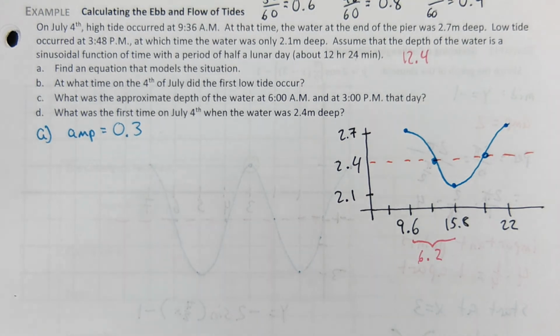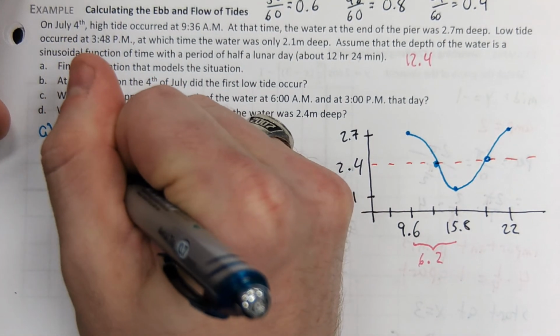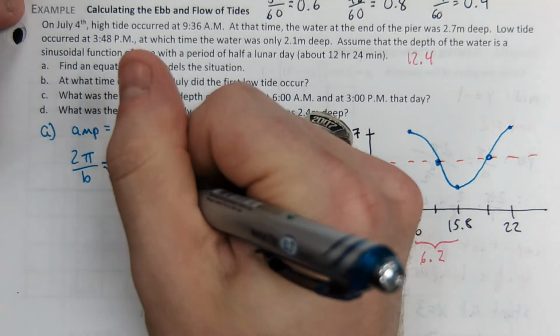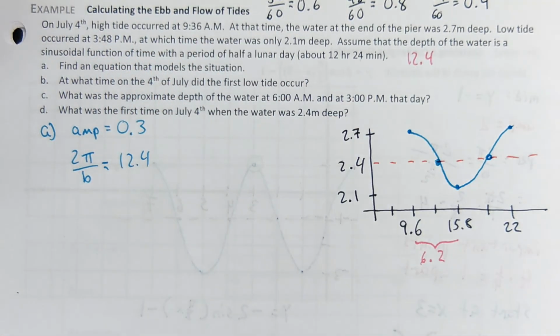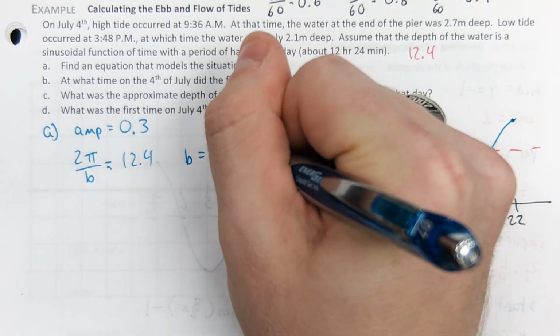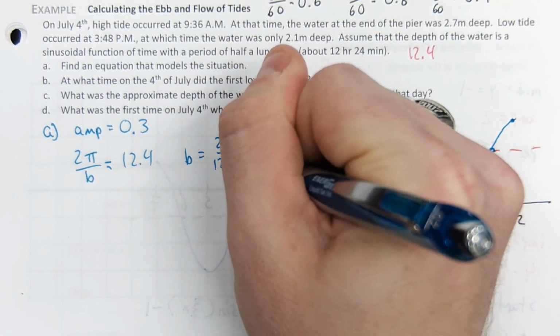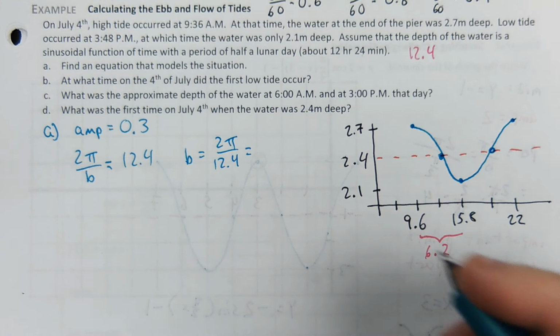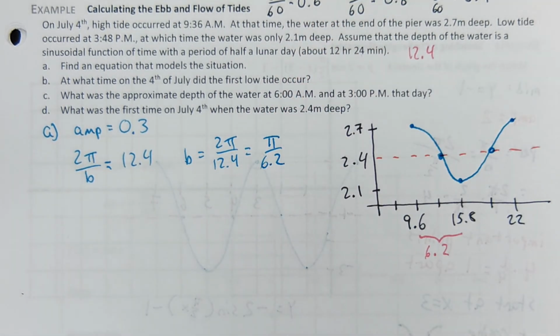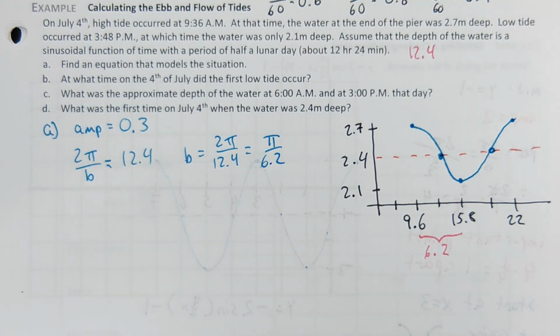Let's solve for B. 2 pi over B is the length of our period, and the length of our period is 12.4. Multiplied by B and divided by 12.4, you get that B equals 2 pi over 12.4, and you might as well reduce that to pi over 6.2. We are ready for the depth of the water with respect to time, where time is a number of hours after midnight.